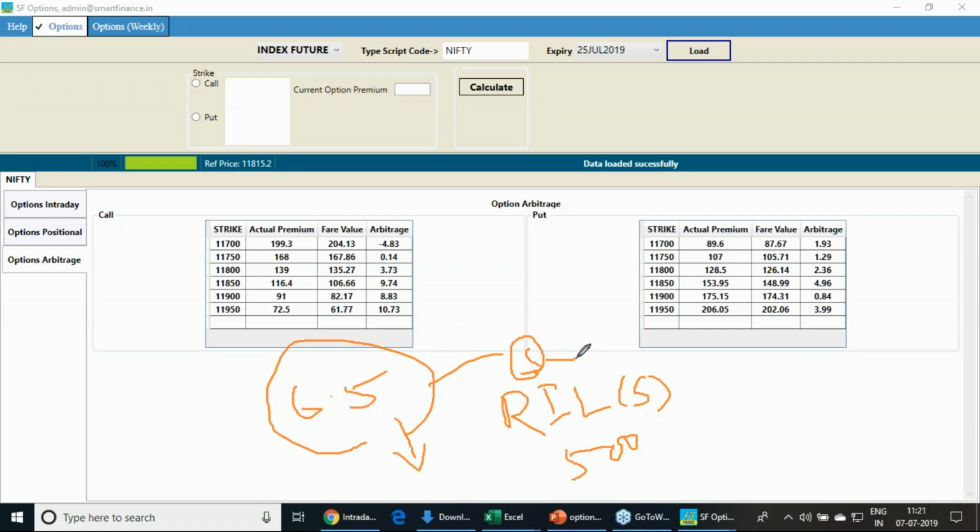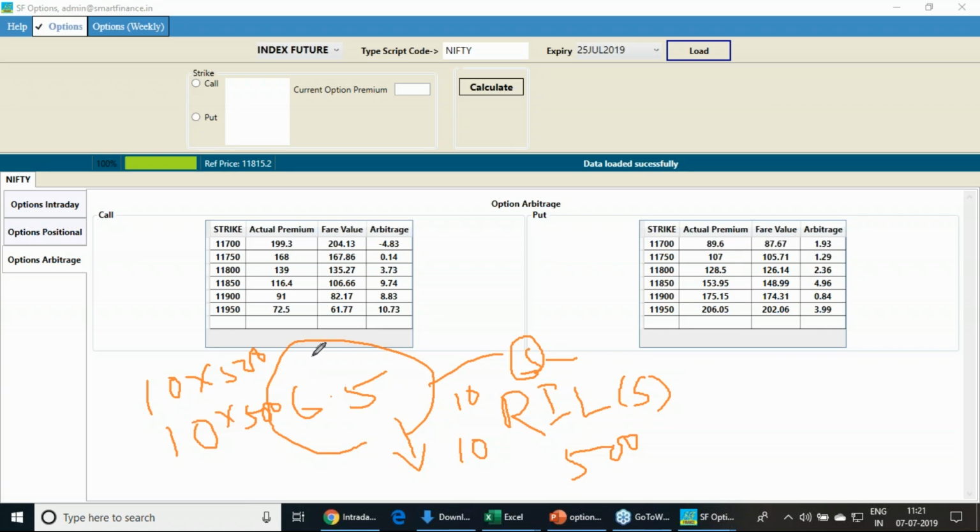If the arbitrage maintains 10 rupees, first month you get 10 rupees, second month you get 10 rupees. First month you got 500 arbitrage gain on the stock you have taken, and another 500 you get on the next month.